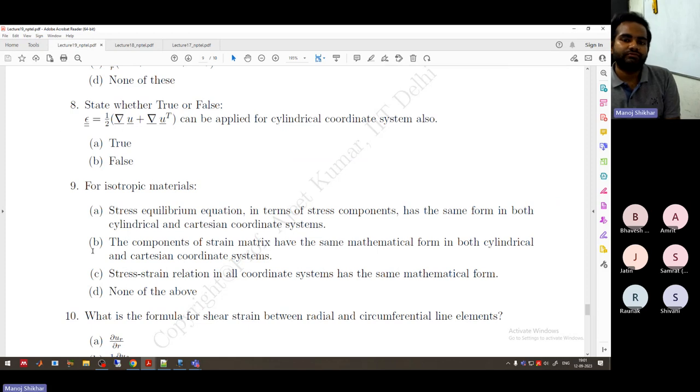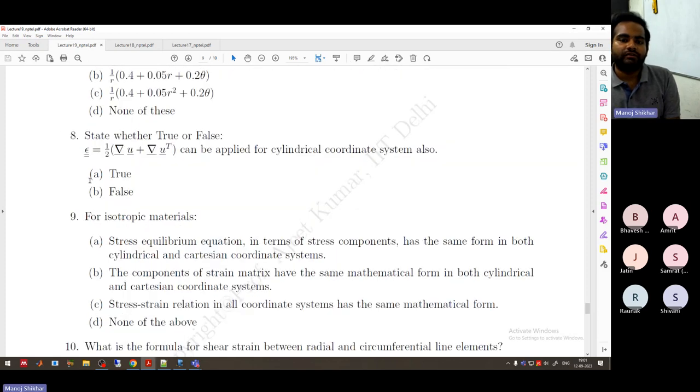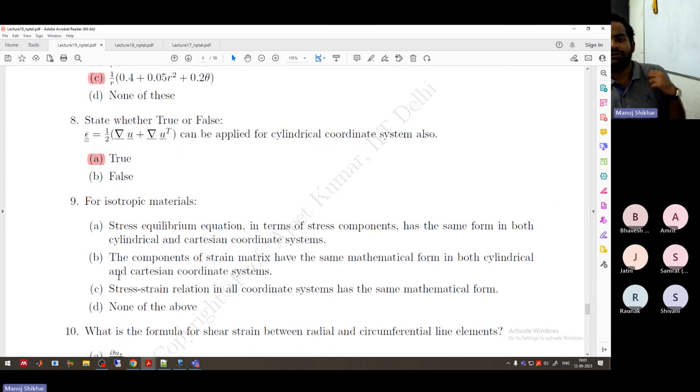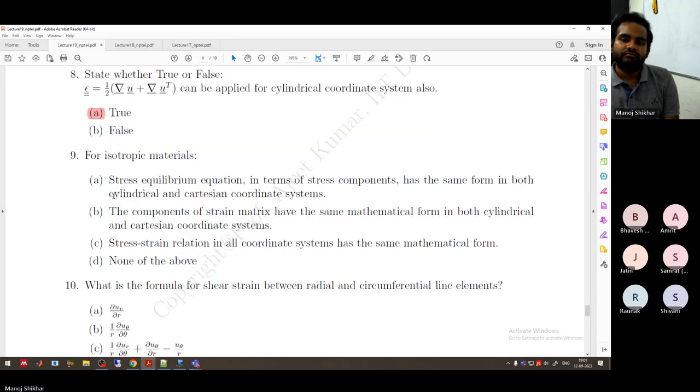So this is true. For isotropic material, the stress equilibrium equation in terms of stress components has the same form in both cylindrical and Cartesian coordinate systems. This is not true.